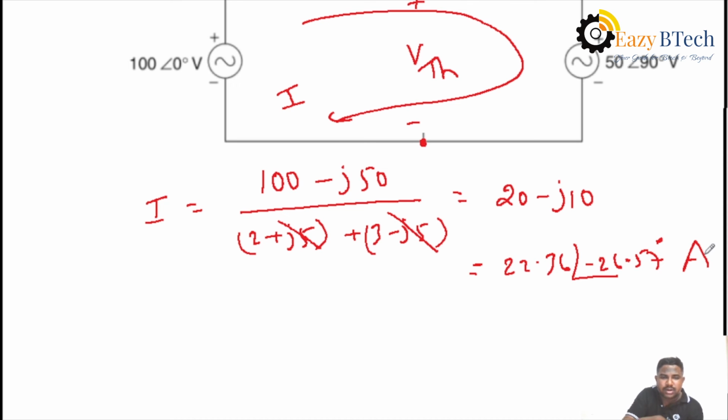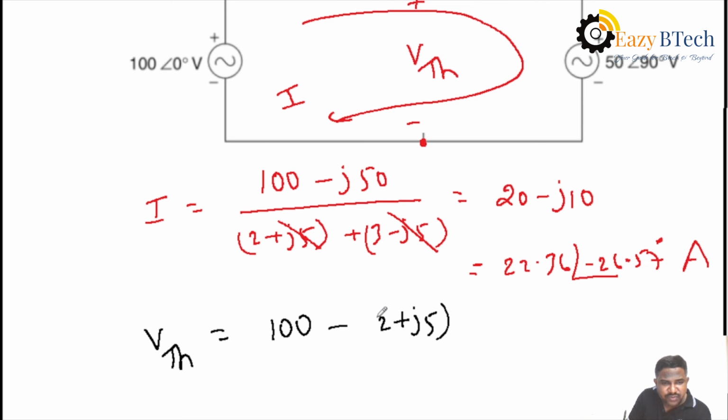After finding the current passing through all the elements, you have to find out Thevenin's voltage by simply applying KVL across 100, 2 plus j5 and VThevenin. Across only these three terminals you have to apply KVL, then you will get 100 minus (2 plus j5) into I, the voltage drop across 2 plus j5.